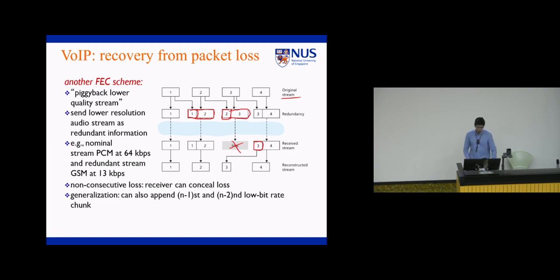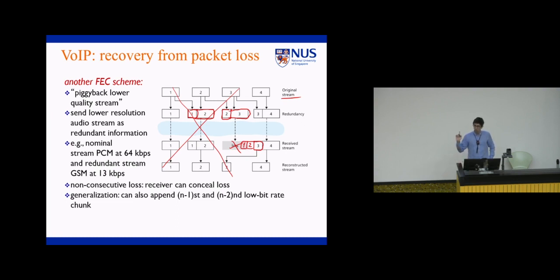And it is not always appending just one chunk. It's not piggybacking just a low resolution version of one chunk onto another. You can piggyback multiple chunks. For instance, instead of piggybacking 3 here, I can also piggyback 2 here. I can also piggyback 1 here. So even if I lose all 3 of these, I can still recover all of them from the reconstructed stream of the fourth chunk.